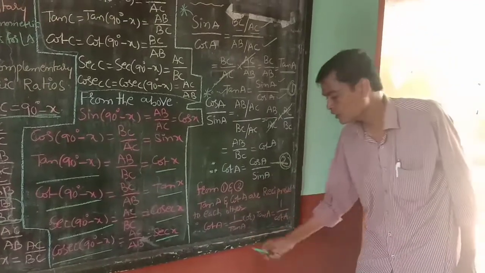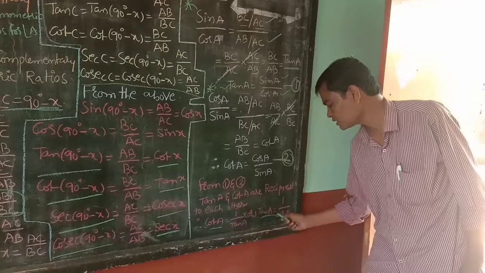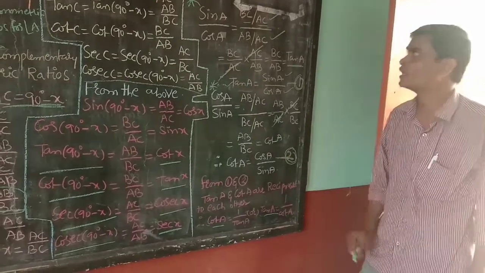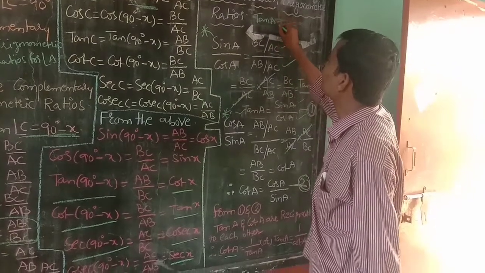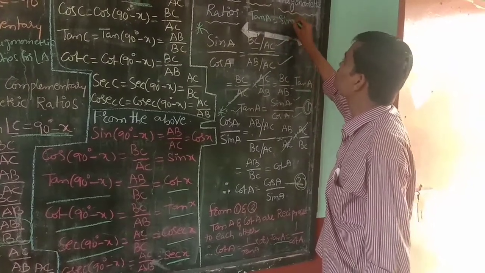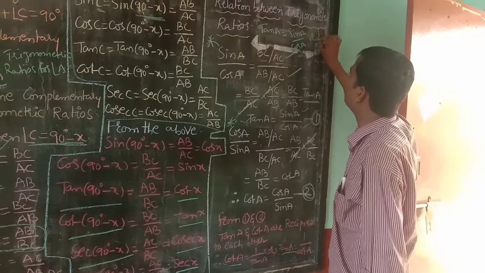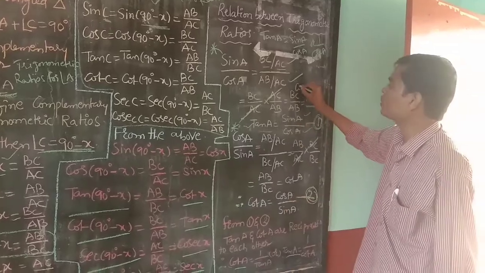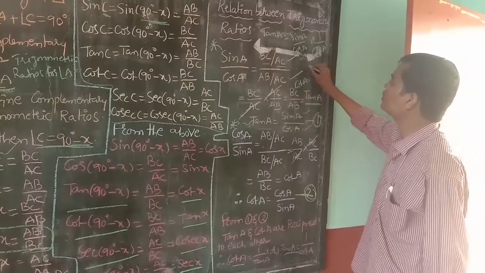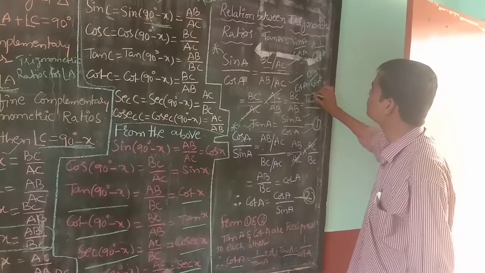Therefore we can write cot A is 1 by tan A and tan A is 1 by cot A. So finally, tan A can be written as sin A by cos A or 1 by cot A. In the same way, cot A can be written as cos A by sin A, or else it is 1 by tan A.